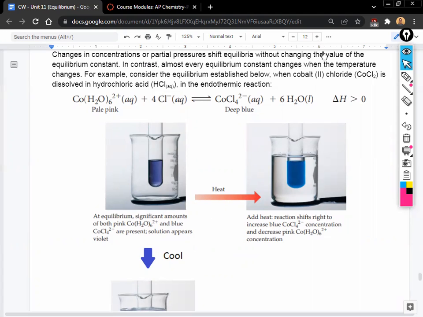Now if you take a look at the enthalpy, I know you haven't heard that term in a while. If enthalpy is greater than 0, is this an exothermic reaction or endothermic? Let's talk about this first. Is heat going to be a reactant or product if enthalpy is greater than 0?